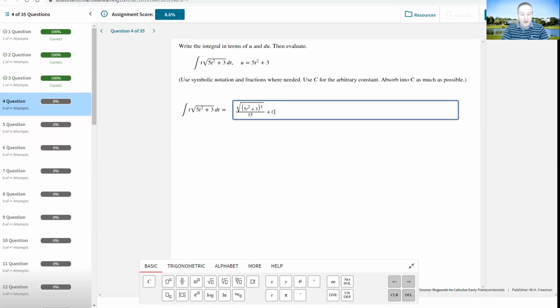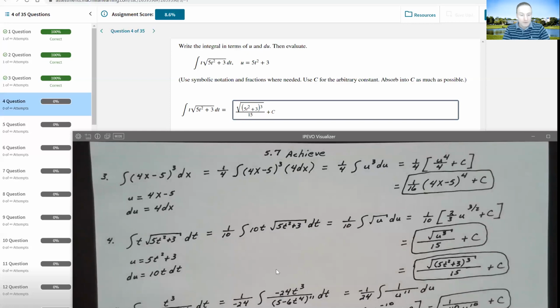Now, I want to make absolutely certain that that is exactly what I had. Square root of 5t squared plus 3 cubed, all over 15 plus c.